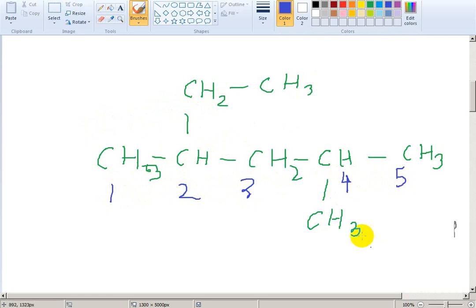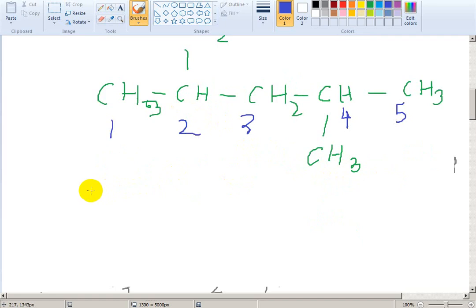Ethyl and methyl. Ethyl comes first alphabetically, so we write ethyl first. 2-ethyl, 4-methyl, pentane. 2-ethyl, then a hyphen, 4-methyl.